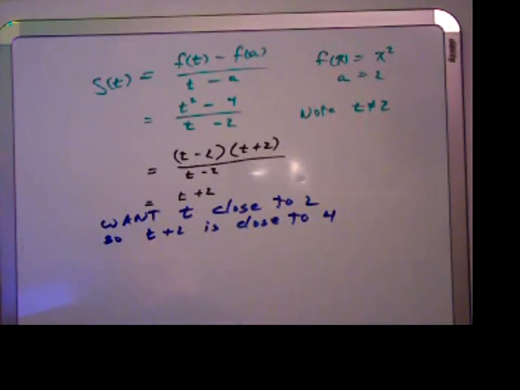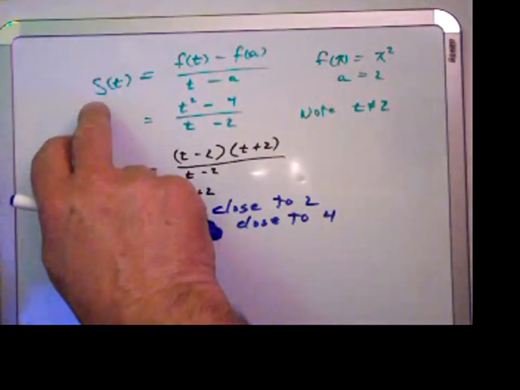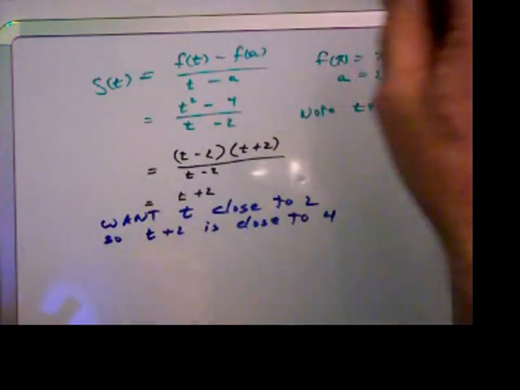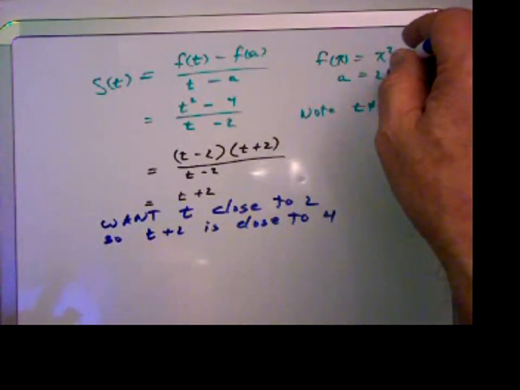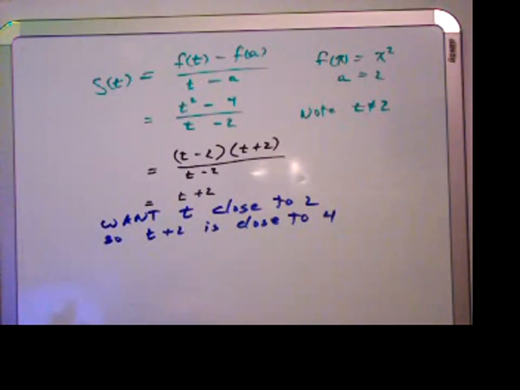So the derivative, and this actually ends up being the derivative when we take the limit, the derivative of x squared when x is equal to 2 is 4. So we've done our first derivative.